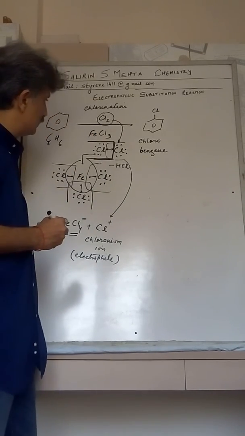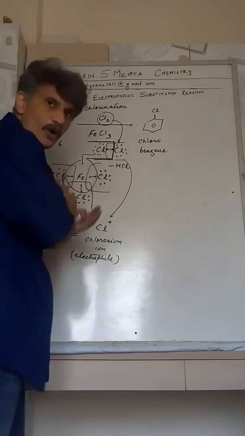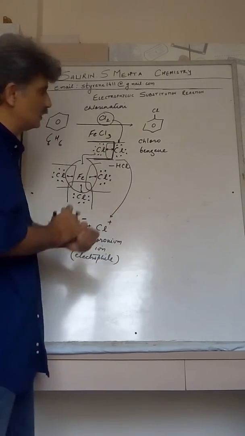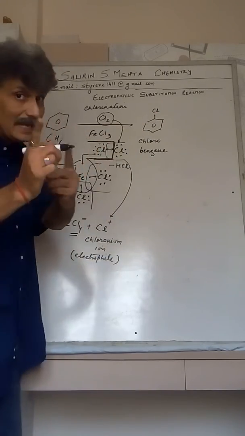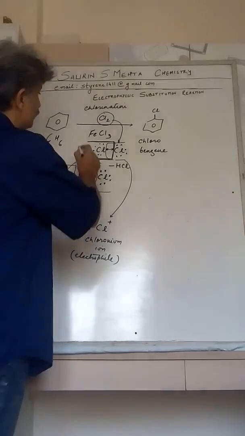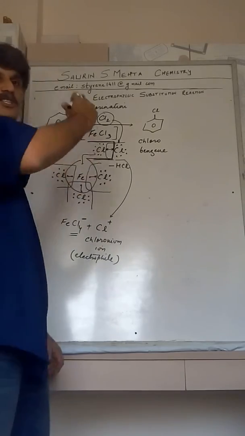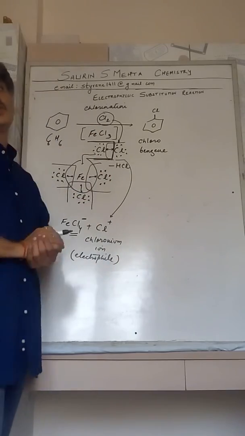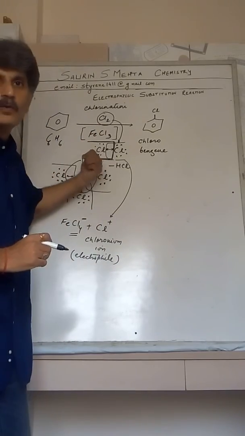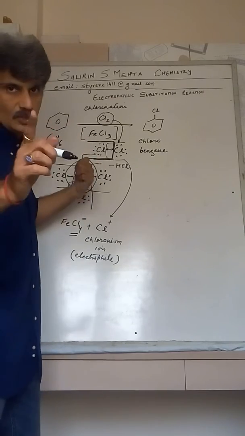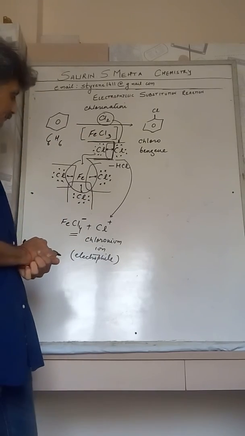Thus HCl is formed as a byproduct. Product is chlorobenzene, and the most important thing, ferric chloride is obtained once the reaction is over. So I would say that over here ferric chloride is your catalyst.